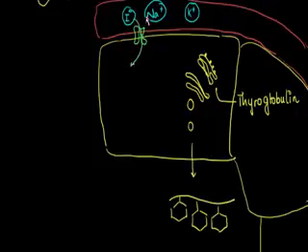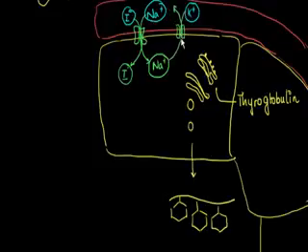This transporter protein transports the sodium and the iodide together inside the follicular cells. The sodium is then transported back to the blood in exchange for potassium by the sodium potassium pump.